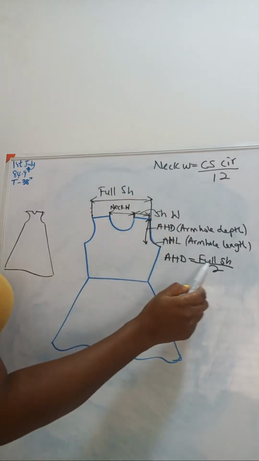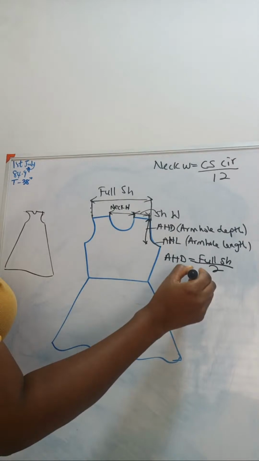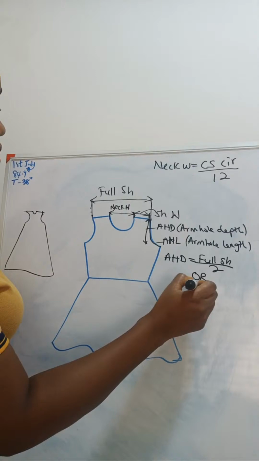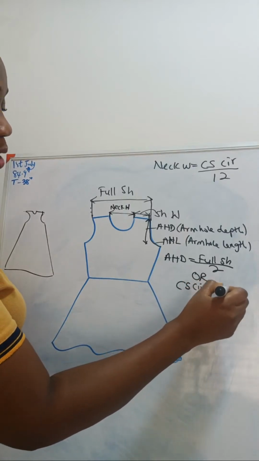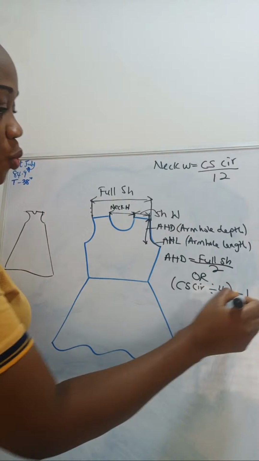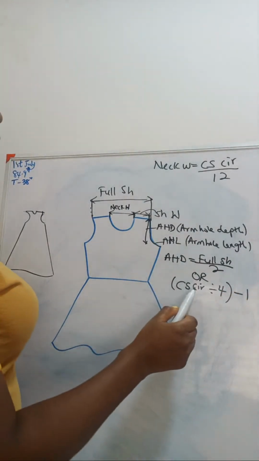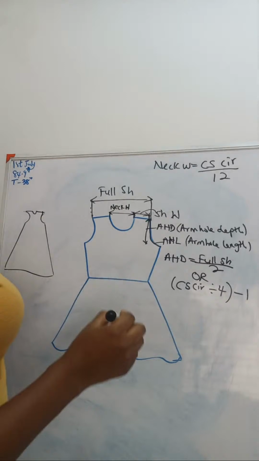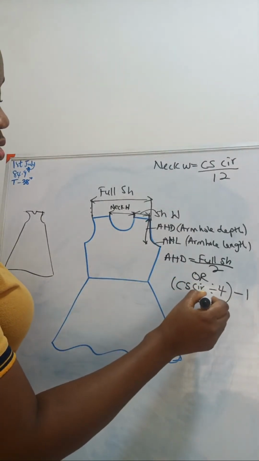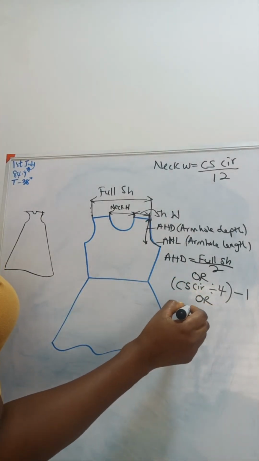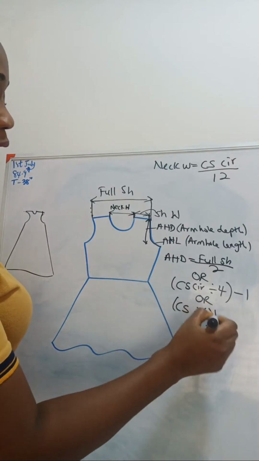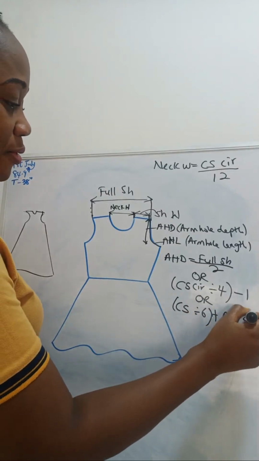Or you can also use the chest circumference divided by 4, minus 1. And in some cases, you can also use the chest circumference divided by 6, and then add 0.75.